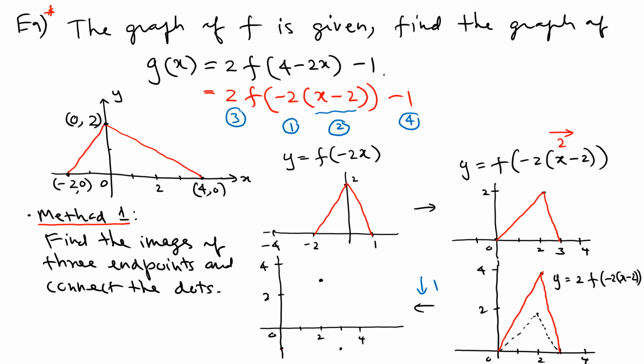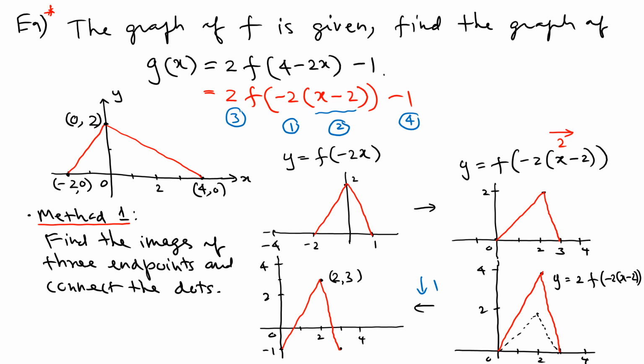So this is that, and goes like this. So that is negative 1. This is 3. This point is 2, 3. Okay, so that's the new point.